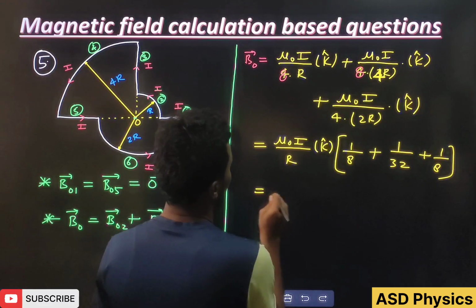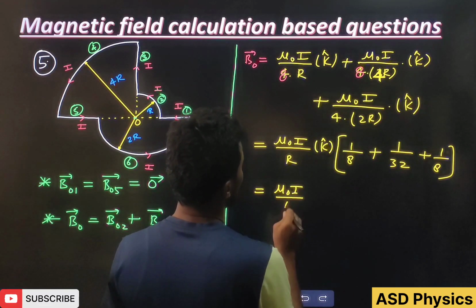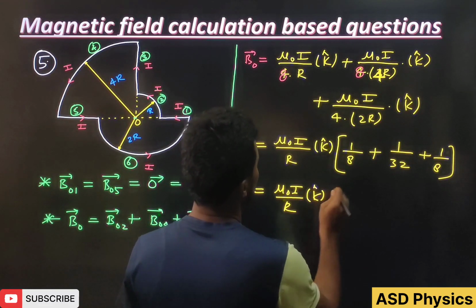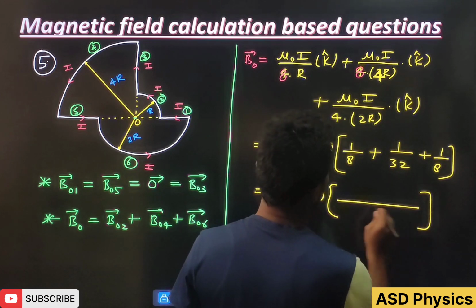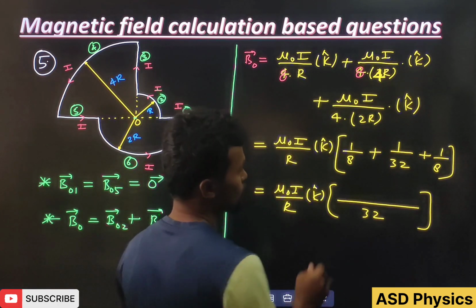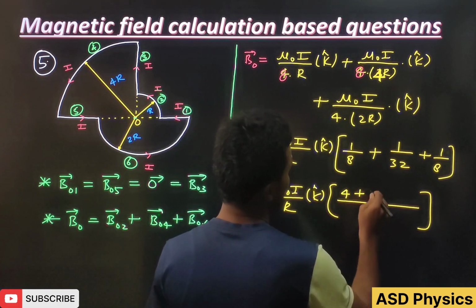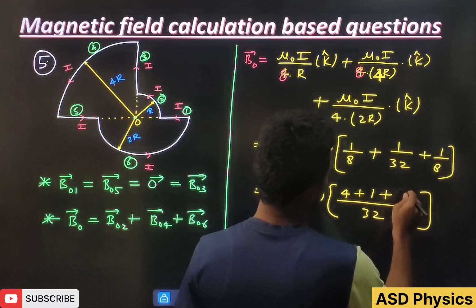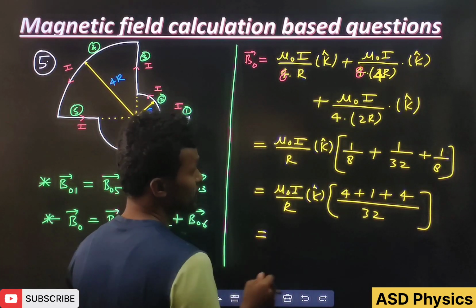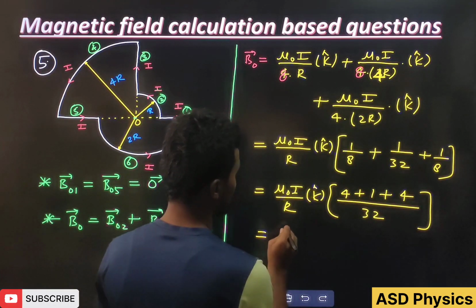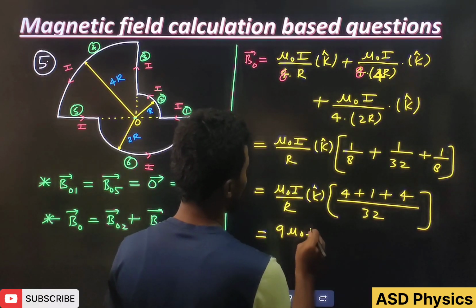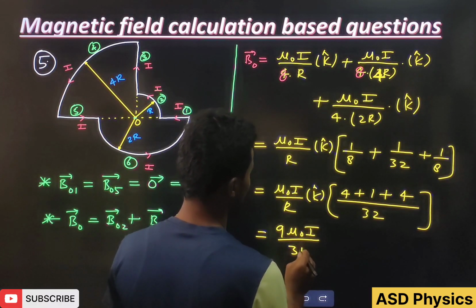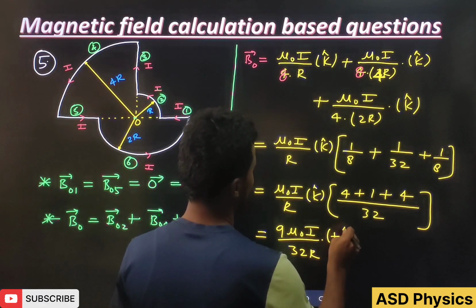Now see, mu naught I by R K cap, take the LCM. Let's take LCM as 32. So 8 4s are 32, 4 1 is 4, here 1, and 8 4s are 32, 4 1 is 4. So what will this become? 4 plus 4, 8 plus 1, 9. So we can write 9 mu naught I by 32R K cap here.